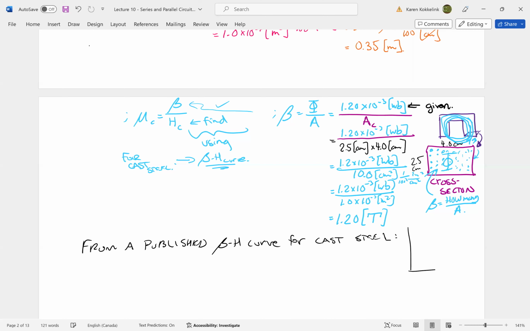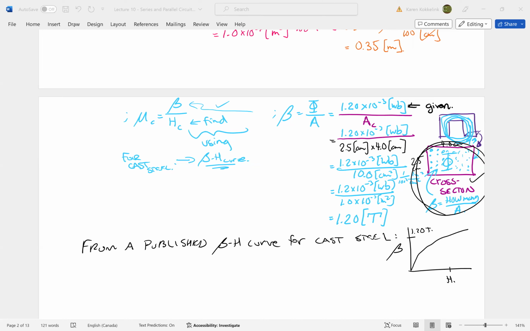I have to find beta of 1.20 Tesla, and I get H. So here's what it looks like. And at this moment in time, when this much flux is flowing, which is given in the question, when 1.20 times 10 to the negative 3 Webers of flux are established, which is not always the case, but at this period of time, that is the case.